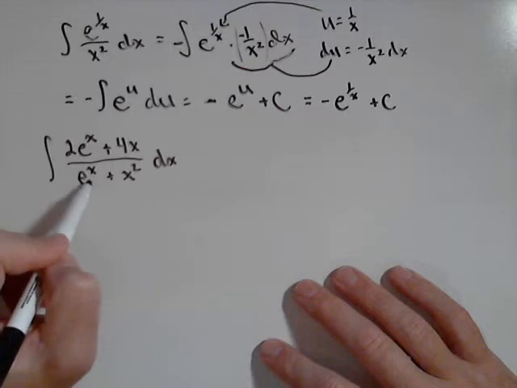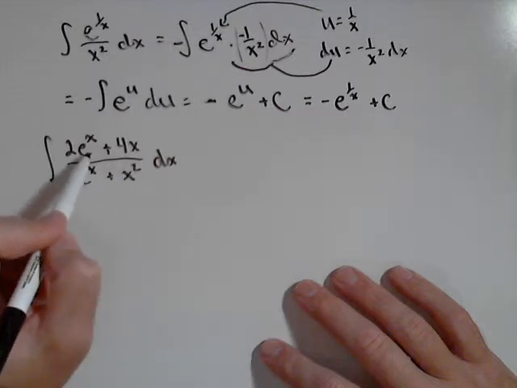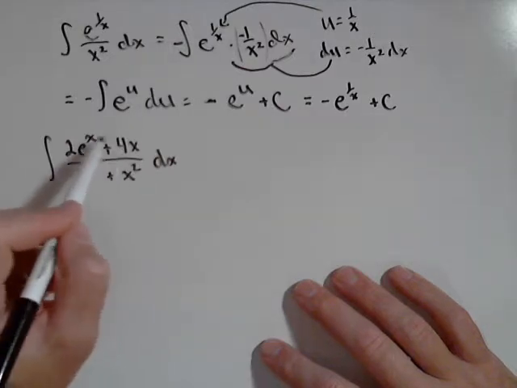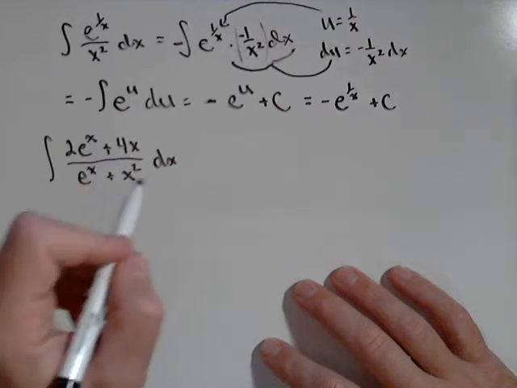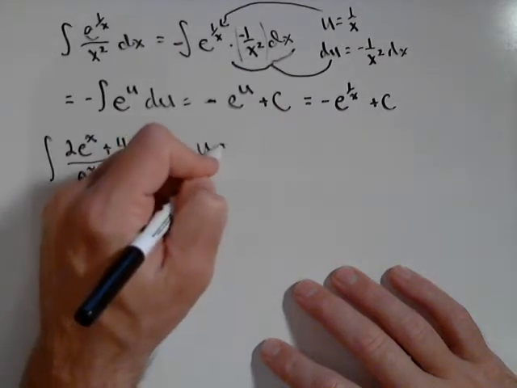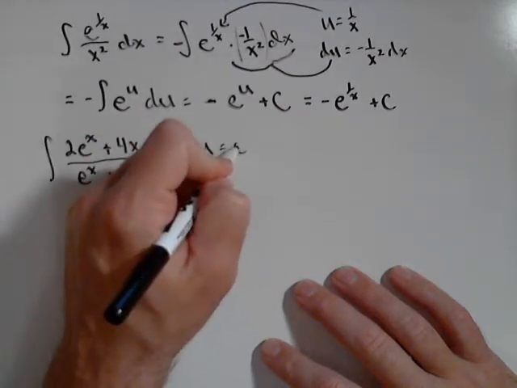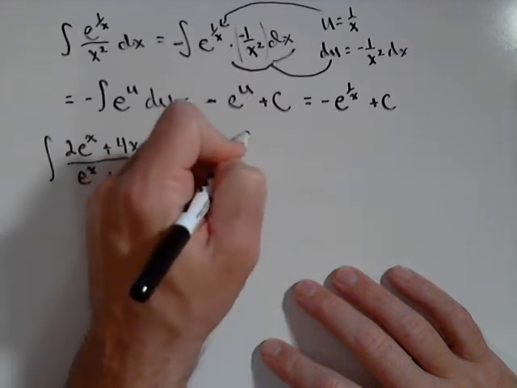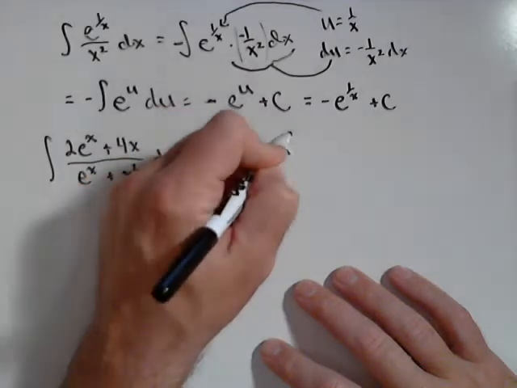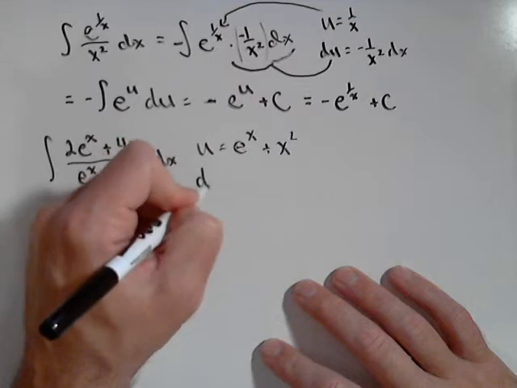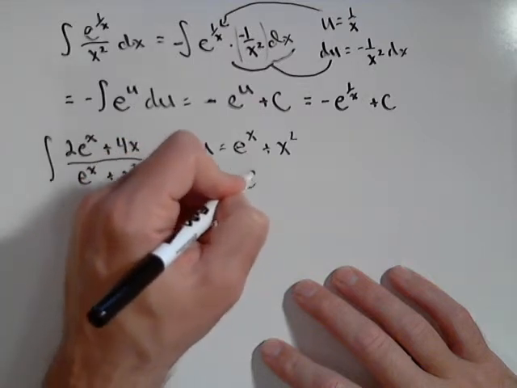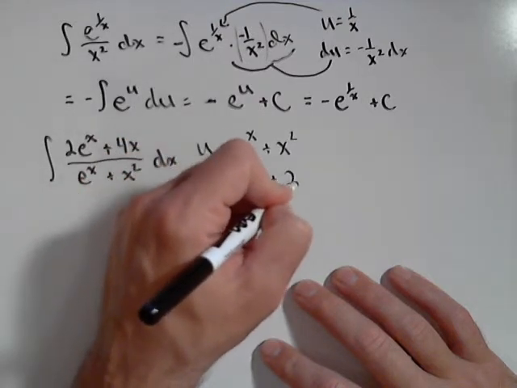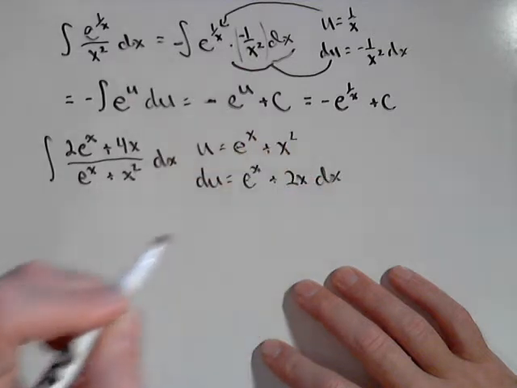So that tells me if I were to use this denominator as u, I could get its du in there because the derivative of it is in there. So I'm going to choose u to be the denominator, which is e to the x plus x squared. Because then my du is e to the x plus 2x dx.